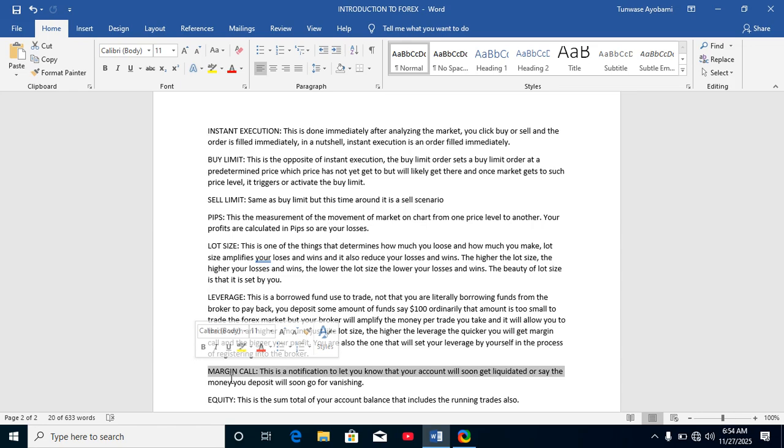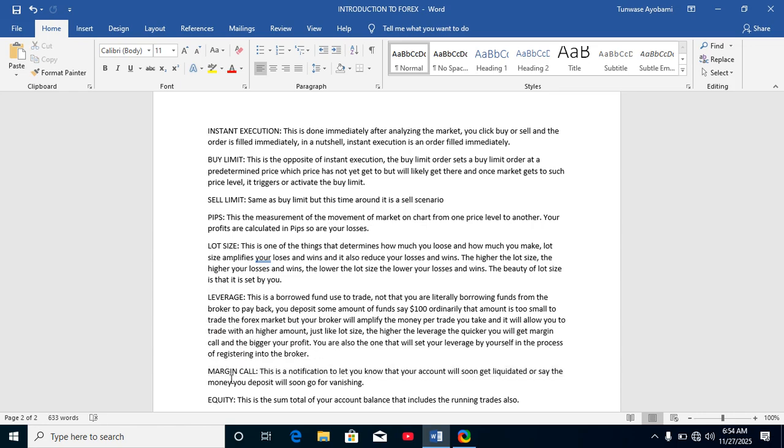Once your account balance is going around $3, you start receiving notification from your network provider that you've almost exhausted your call credit. So recharge now. That's a notification. It is similar to what we call margin call.